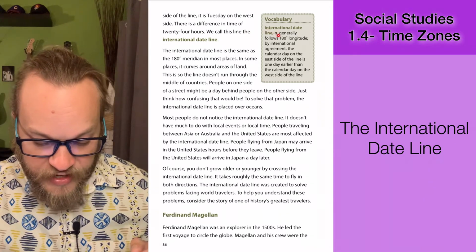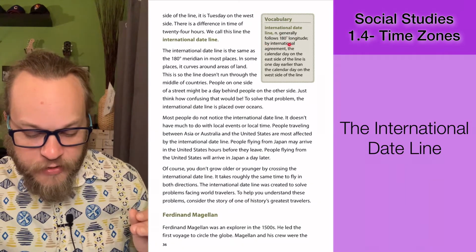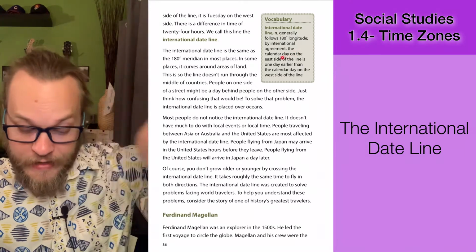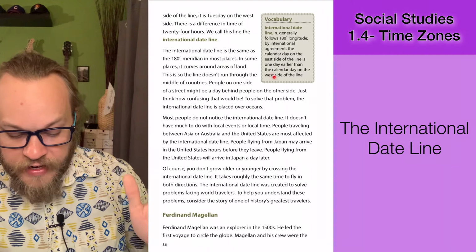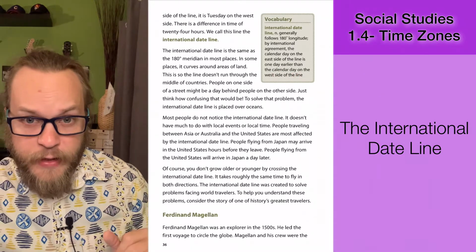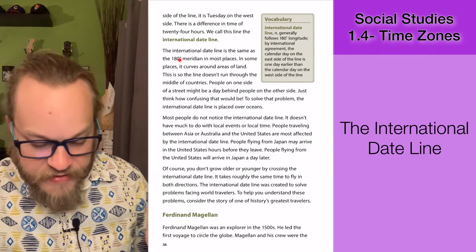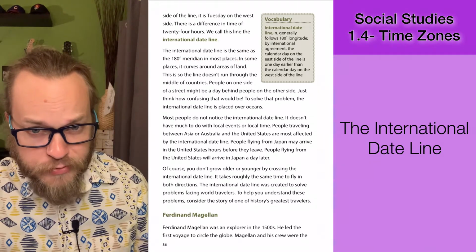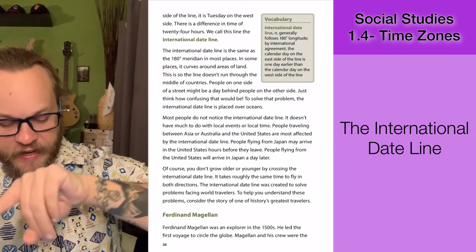The international date line generally follows the 180-degree longitude by international agreement. The calendar day on the east is one day earlier than the calendar day on the west side of the line. The international date line is the same as the 180-degree meridian in most places. In some places, it curves around areas of land.